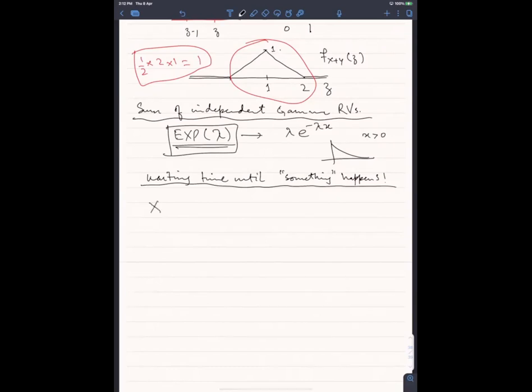If you have a random variable x which has a gamma distribution with parameters t comma lambda, then this is also the waiting time until t events happen, until t packets arrive, or t customers arrive.